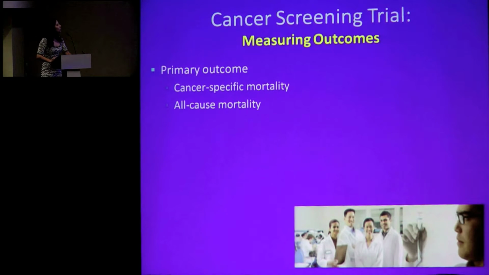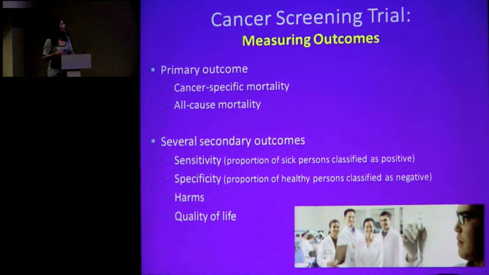So when you're measuring outcomes, like I mentioned earlier, you can have a primary outcome, like cancer-specific mortality or all-cause mortality, and you may want to also have secondary outcomes that you can measure through your clinical trial. And these include, for example, being able to understand the sensitivity and the specificity of the screening test, sensitivity referring to the proportion of sick persons that are actually classified as positive through the test, and specificity as the proportion of healthy persons that are actually classified as negative through the test.